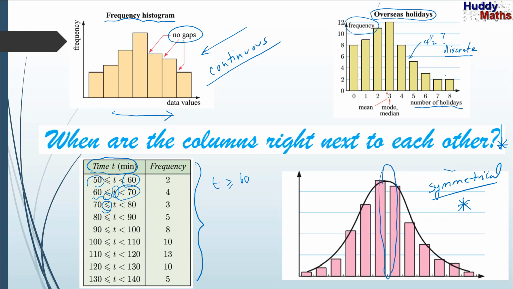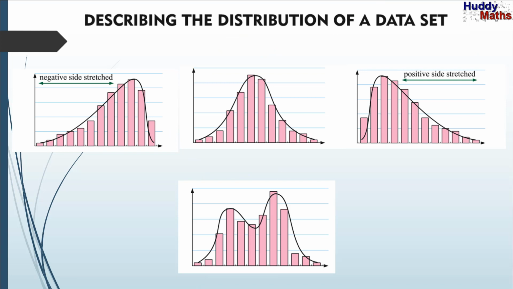We've drawn a curve through to try and show that shape from those separate vertical columns there. So we're going to be talking about that a little bit as well, about how symmetrical a data set might be. All right, so are you ready for the journey? Let's go now. Okay, and we're going to start with that, describing the distribution of a data set.